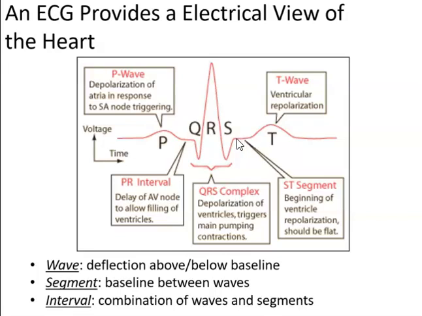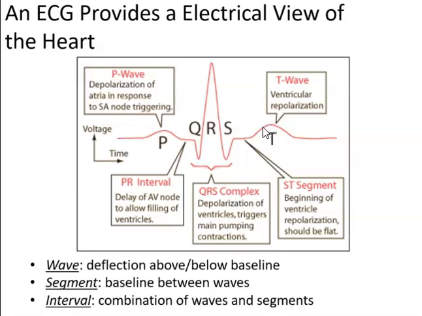And we know that we have conditions that could elevate this segment, such as an ST elevated myocardial infarction. So we see ST elevations in MIs that we can see on EKGs.